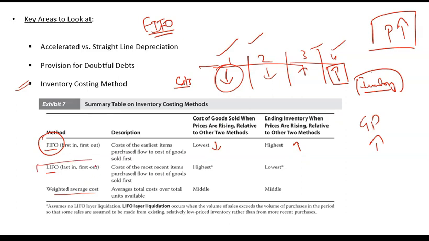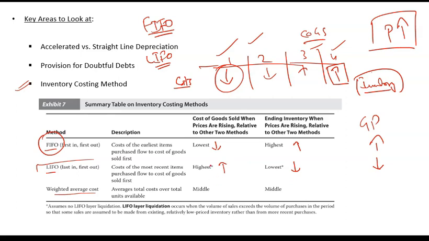If you use LIFO, then you are assuming last in first out. In this case, in a period of increasing prices, your cost will be higher because you are selling the latest units first. So cost will be higher, ending inventory will be lower, and as cost is higher, gross profit will also be lower.